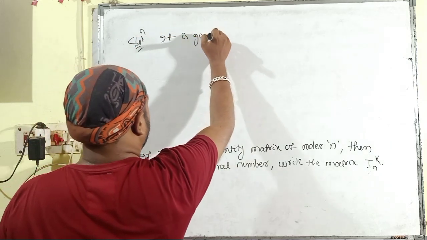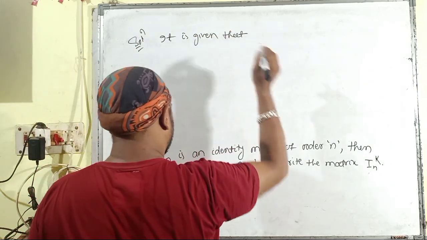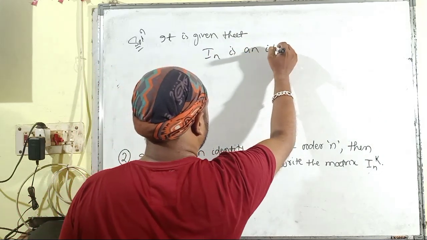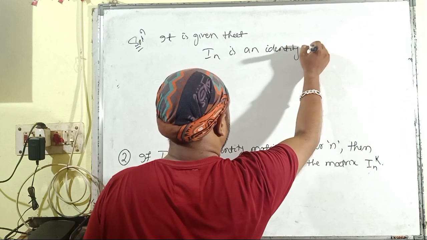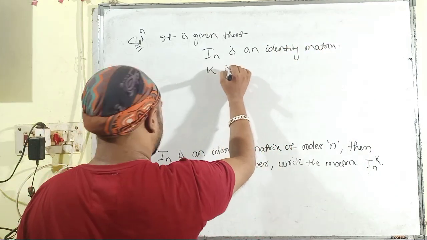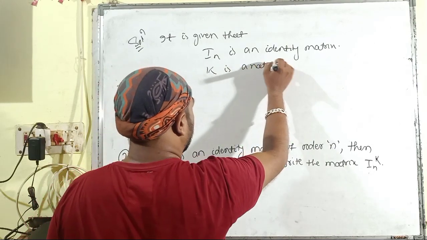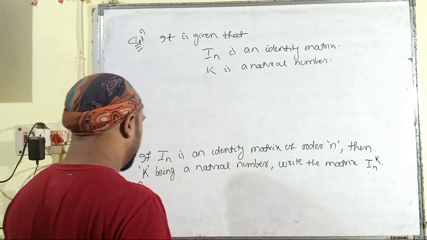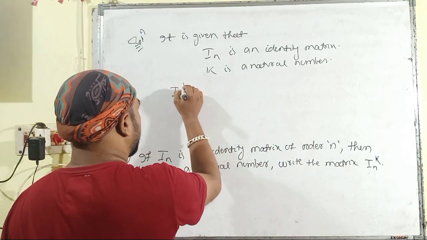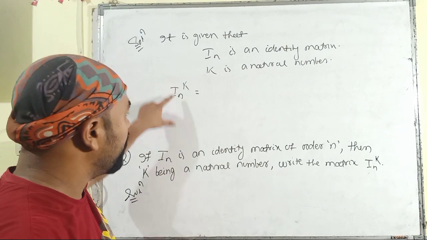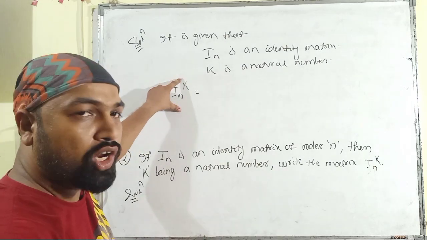It is given that In is an identity matrix, k is a natural number, and we have to find the value of In to the power k. That means it is the power of In.